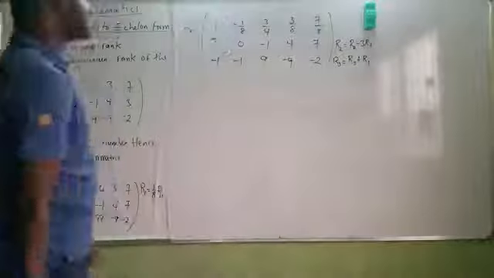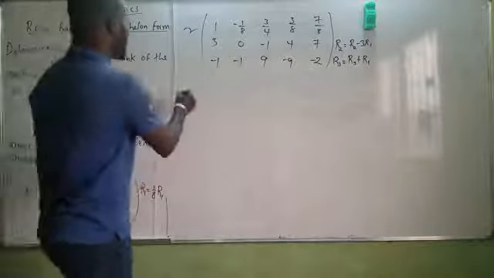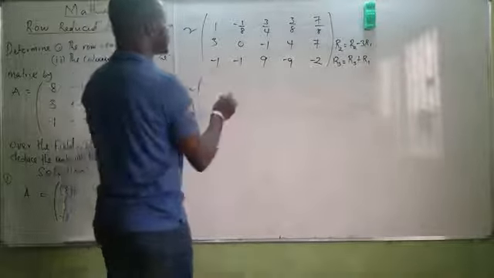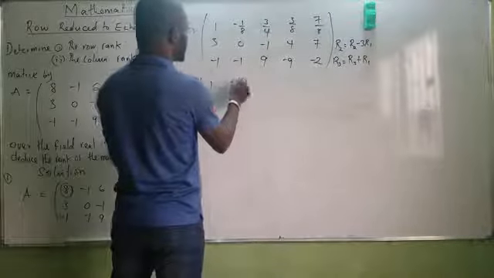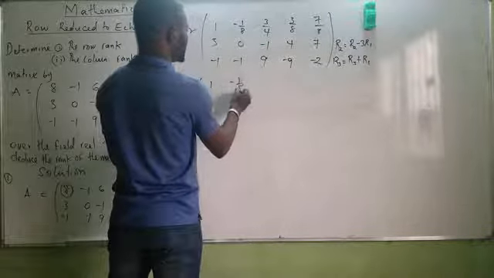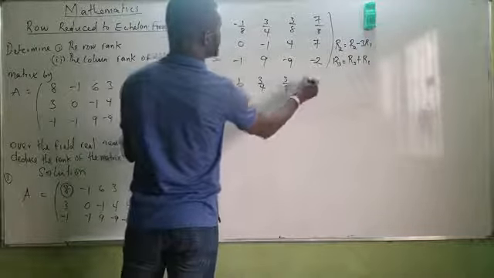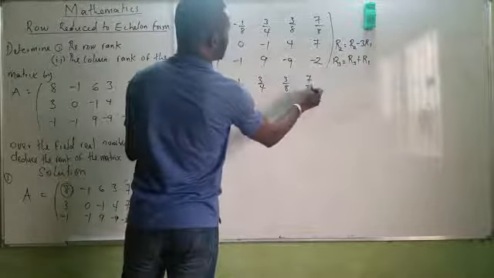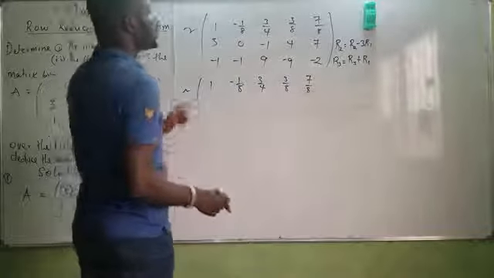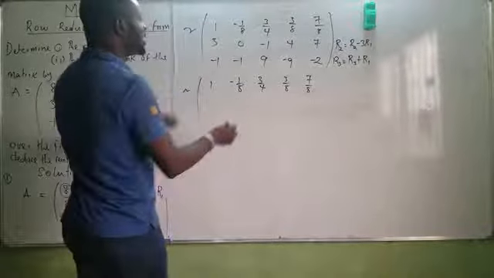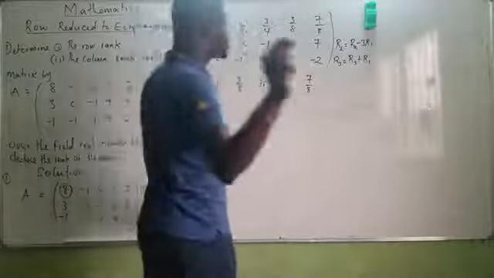By so doing, row 1 will remain as it is: 3 over 4, 4 over 8, 7 over 8. Now, at this point, row 2 minus this will be the best way to do it.